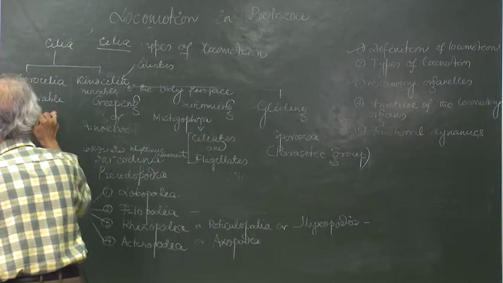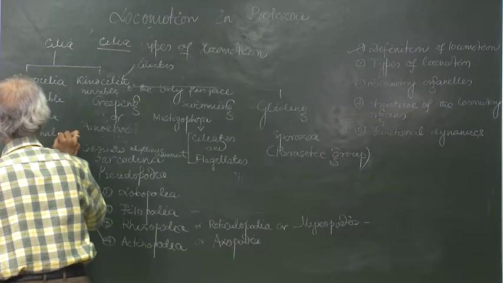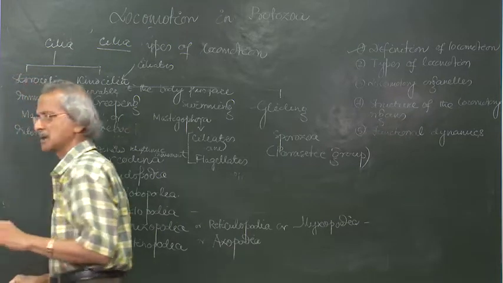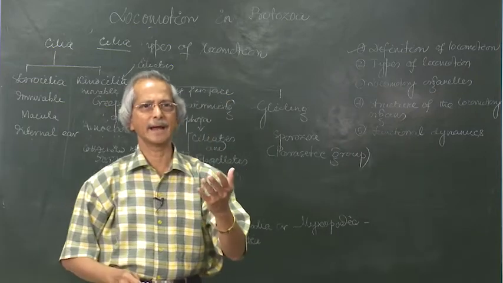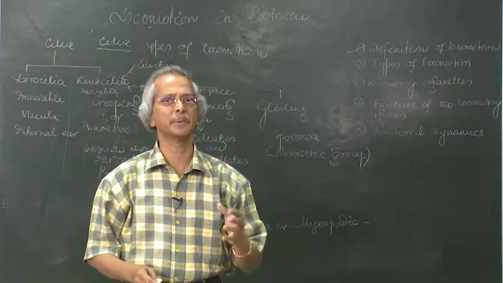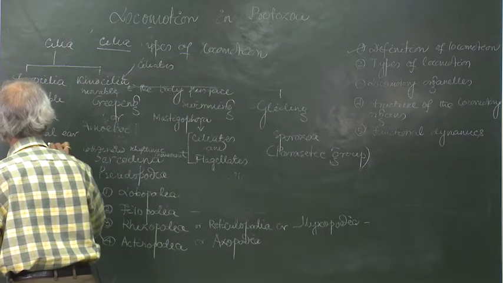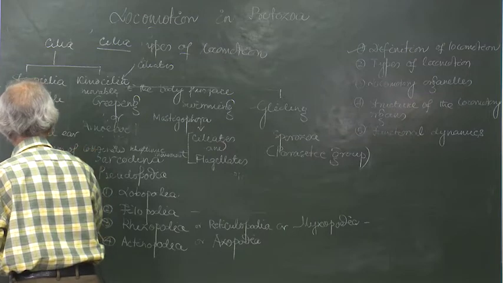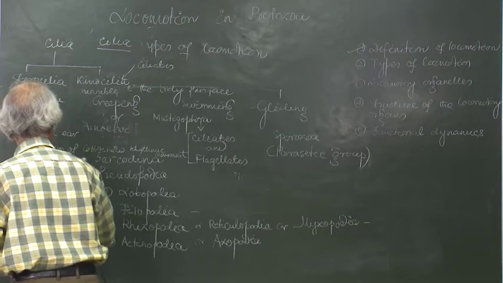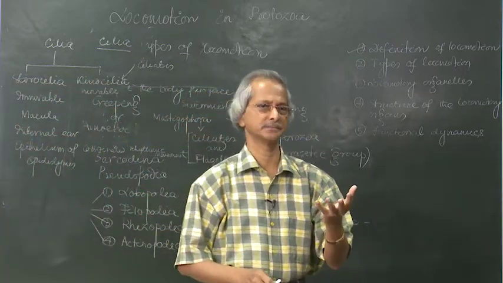These are distributed in the macula, internal ear. These are also found in another part which is known as the epithelium of the epididymis. So, these are the differences between stereocilia and kinocilia.